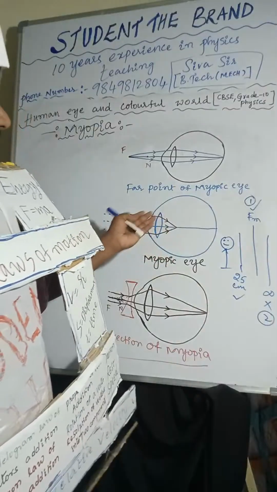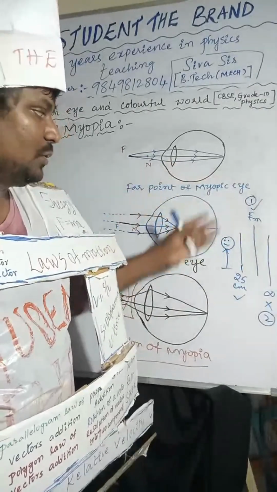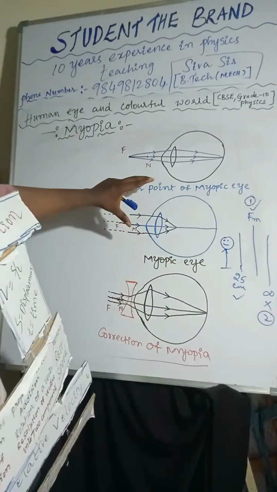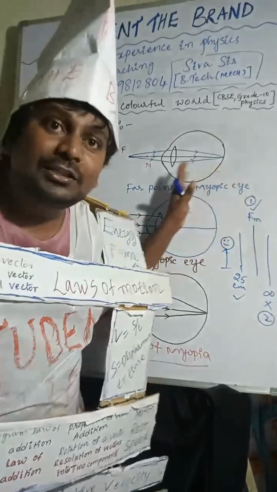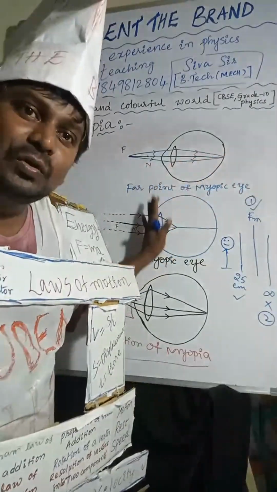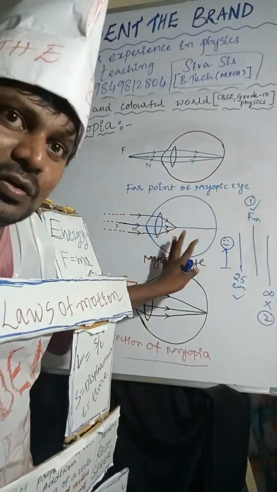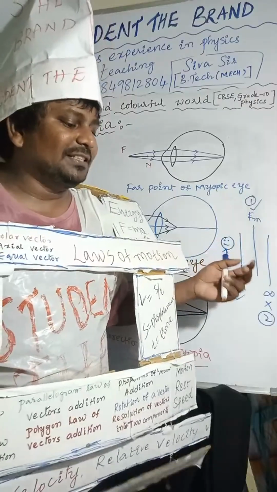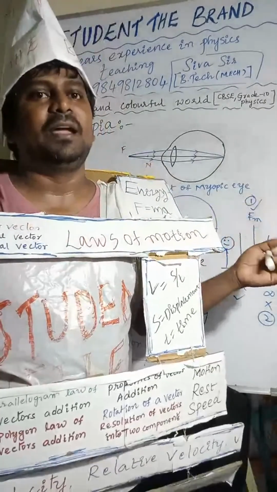Overall, the eyeball is too long and the focal length is less. So these are the causes of myopia.